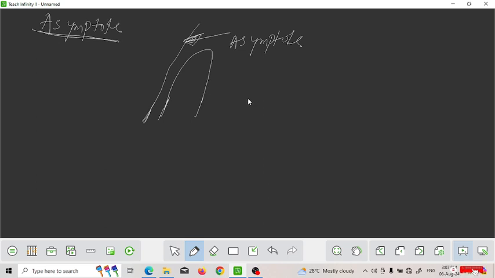Okay, see, this angle is 2 theta, and this is our axis, and this is our cutting plane or section plane, which cuts the double cone.